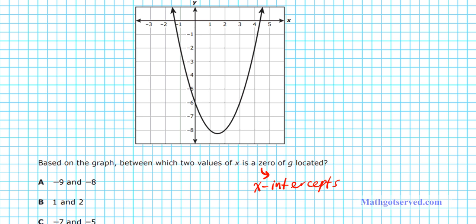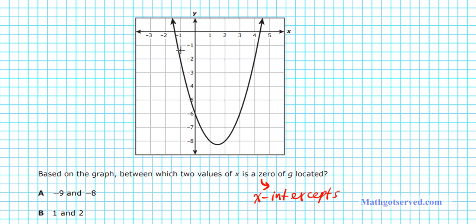Now, if the zeros are the points where the graph cuts the x-axis, how many x-intercepts do we have in this situation? We have 2 x-intercepts, or 2 zeros. This is the first one, and this is the second one. Okay, let's call them z1 and z2.